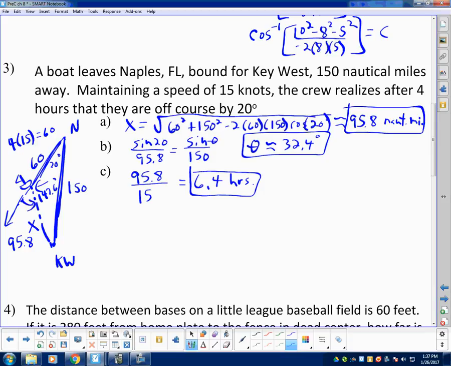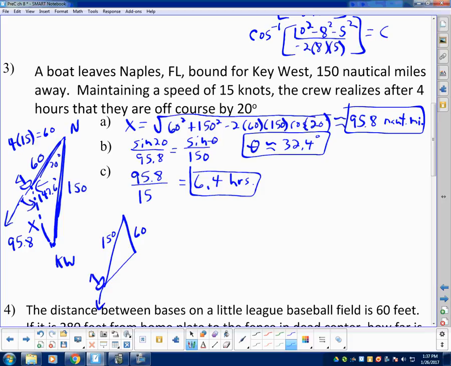So draw a picture. Like I said, if this had been something like that, so he's going on this course, say this were the 60 and this were the 150, we'd have a different case here. Here's my boat here.